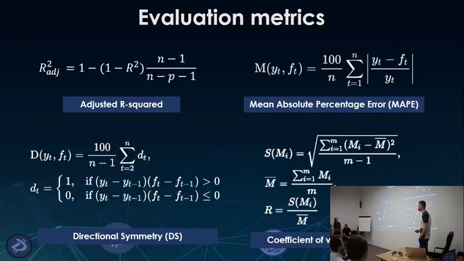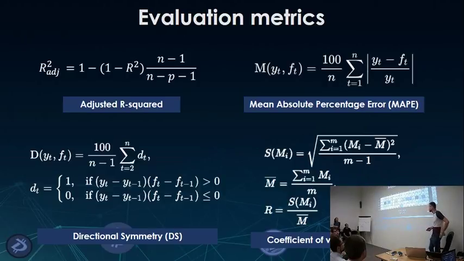Then the directional symmetry: as the absolute percentage error does not measure the direction of the prediction, this coefficient shows if it's the same direction as the actual value. It shows 1 or 0. And this one is the coefficient of variation. We use it to evaluate how a model behaves in different scenarios, on different days, and for different cryptocurrencies.